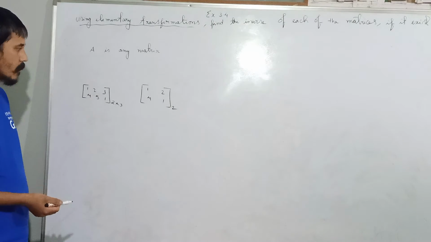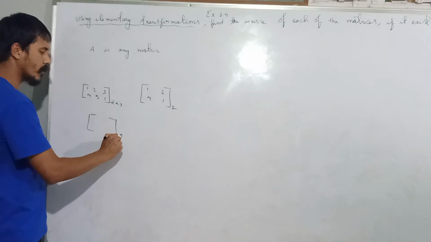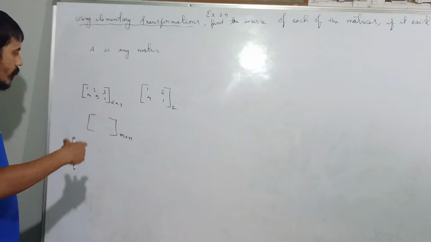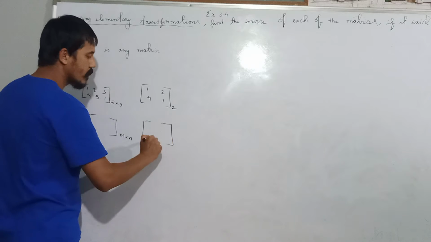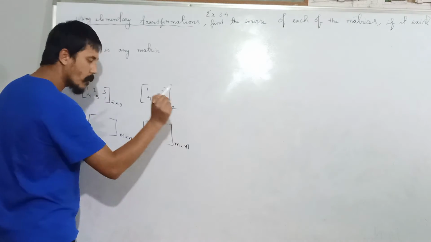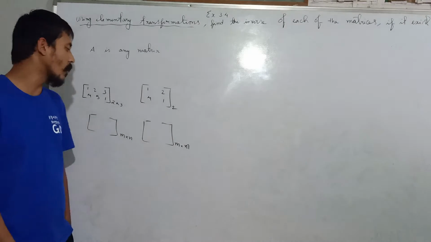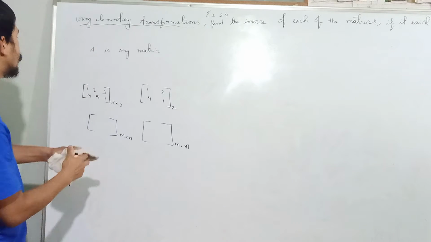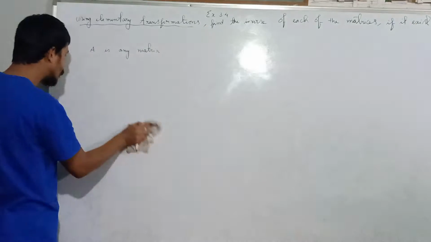In general, for a rectangular matrix, the order will be M cross N. But for a square matrix, if it has M rows, then it must have M columns. So instead of saying M cross M, you can say the order is M. So that is how we say the order.